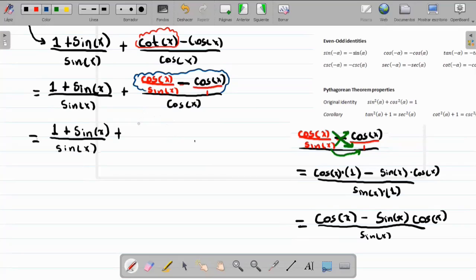Now we're gonna work with cosine of x minus sine of x times cosine of x, all that divided by sine of x. Of course, all that expression at the beginning was divided by cosine of x.